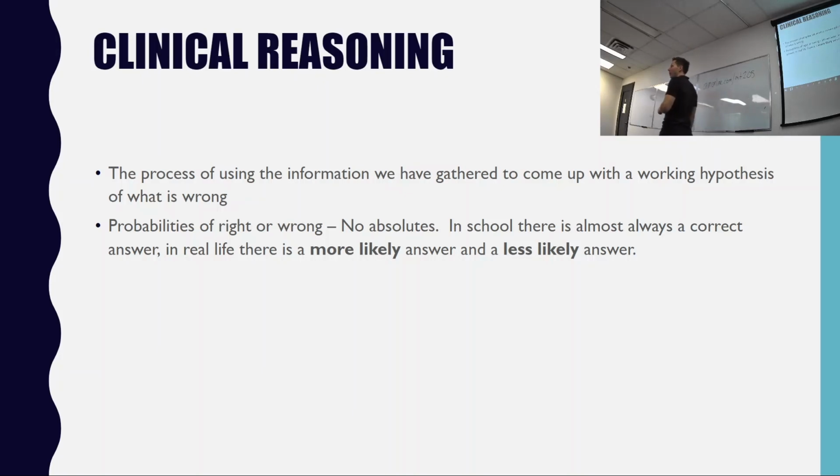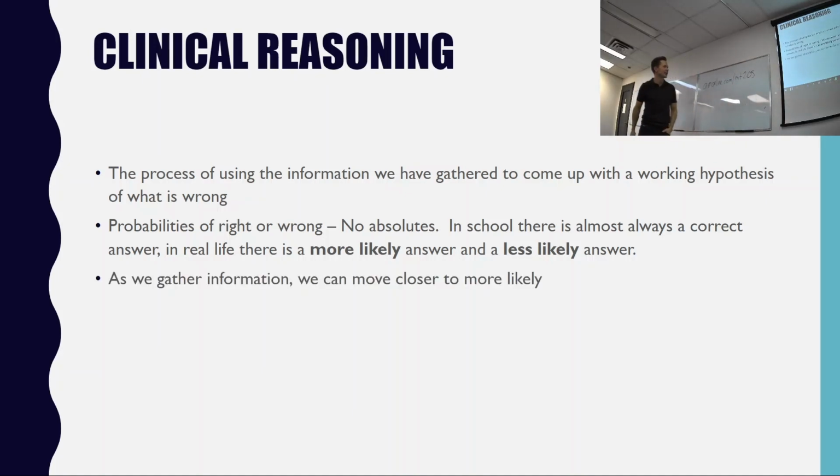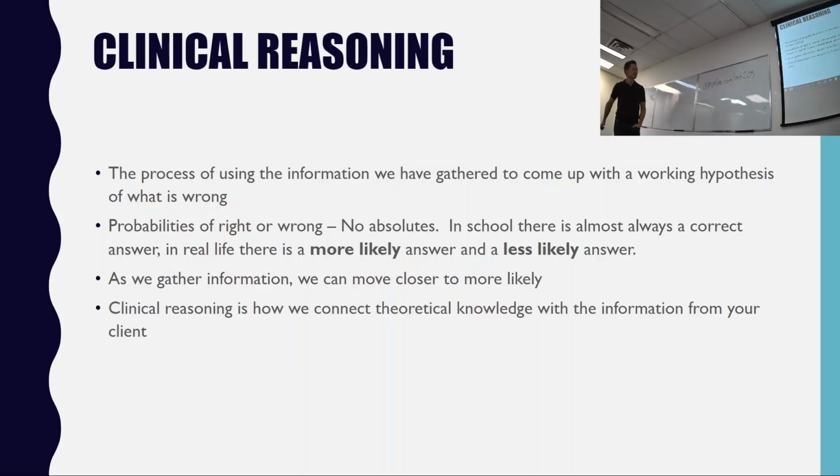We might have positive active and resisted abduction, and positive flexion of the shoulder, and maybe positive external rotation passively for some reason. So when we do this, it's about more likely and less likely. We gather information. The more we gather, the closer we get to the possible truth of what's happening. So the more information we have, the better.